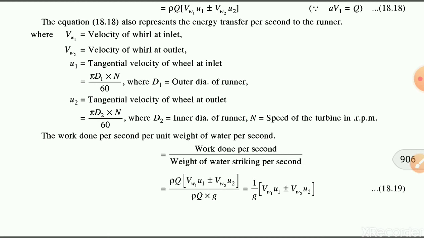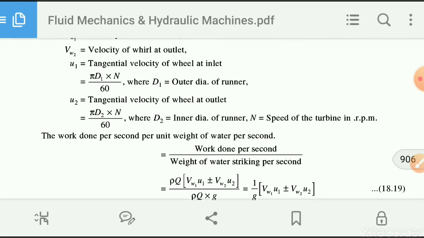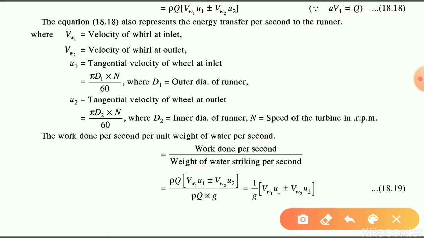Now let us find the expression for the work done per second per unit weight of the water. If we divide the above equation for the work done per second by the weight of the water striking the series of radial curved vanes per second, the expression becomes rho Q multiplied by (Vw1 u1 plus or minus Vw2 u2) divided by the weight of the water striking per second.